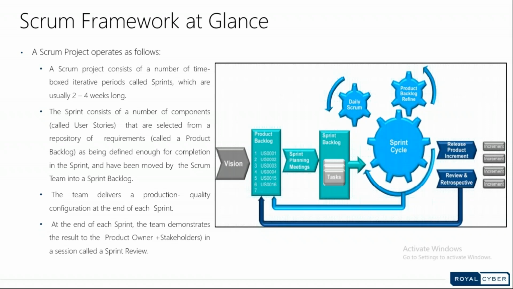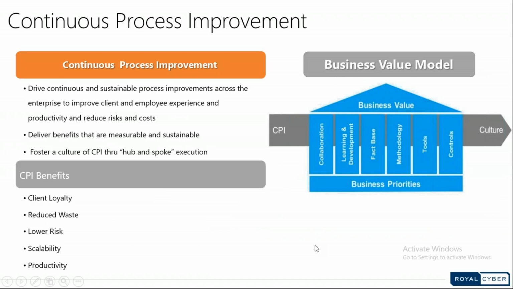Once delivery is done, we have the reviews and retrospectives to understand how we are following the process. This is just an introduction of how the Scrum framework works. By following it, we get continuous process improvement.